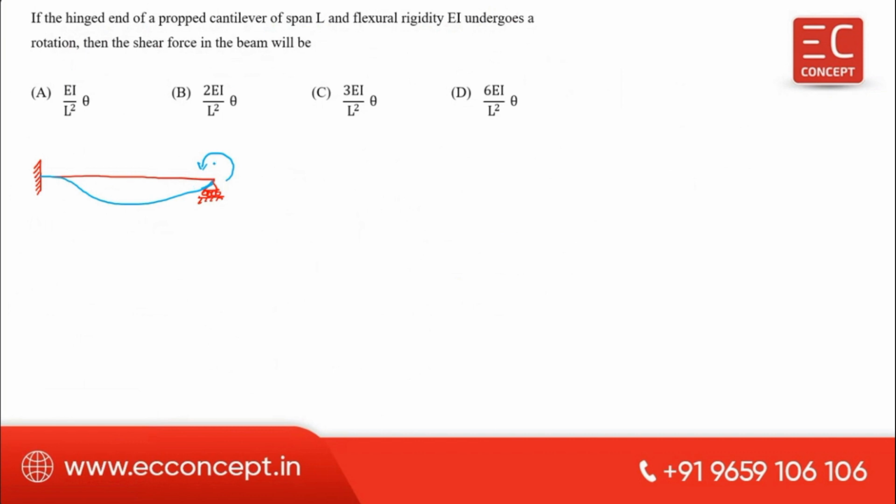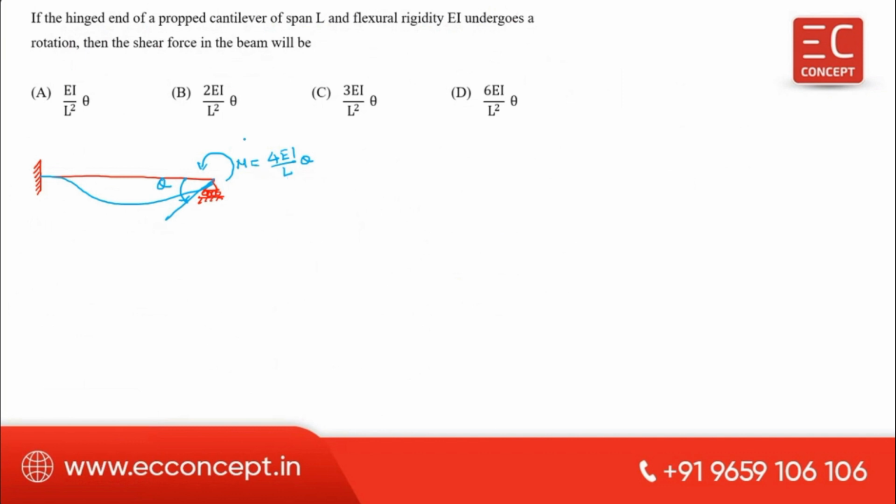While giving rotation here, this is the theta, then the moment which corresponds to this rotation is, if the far end is fixed, equal to 4EI by L into theta. The moment which is required to make a rotation theta at this end is 4EI by L theta.